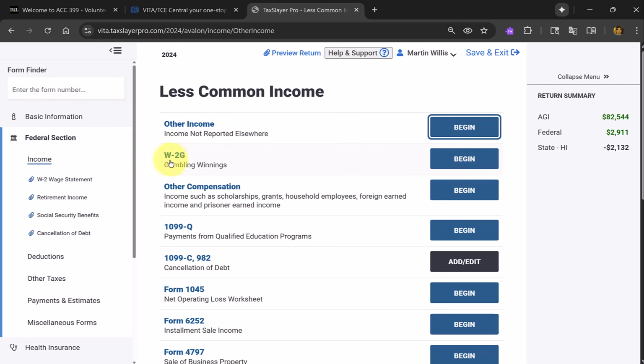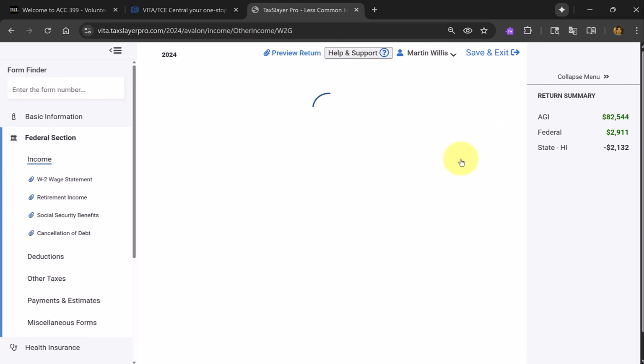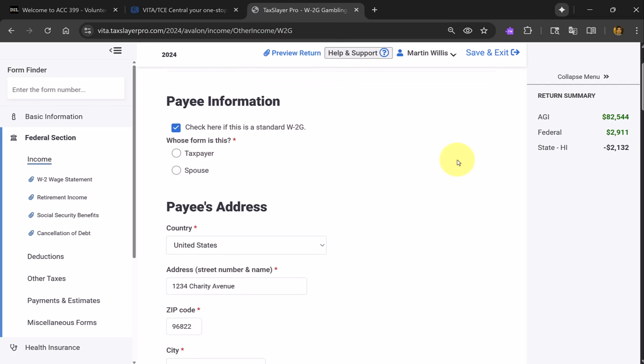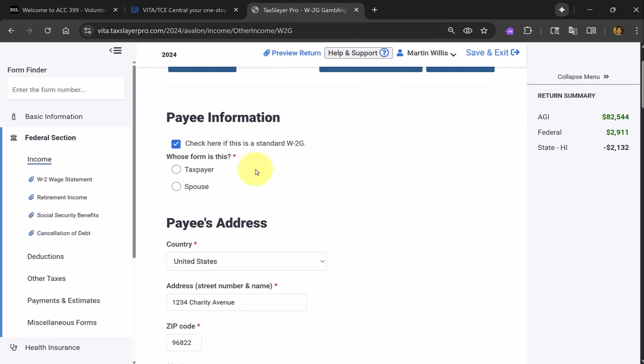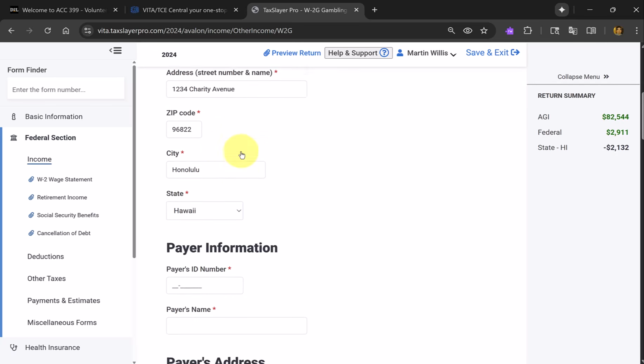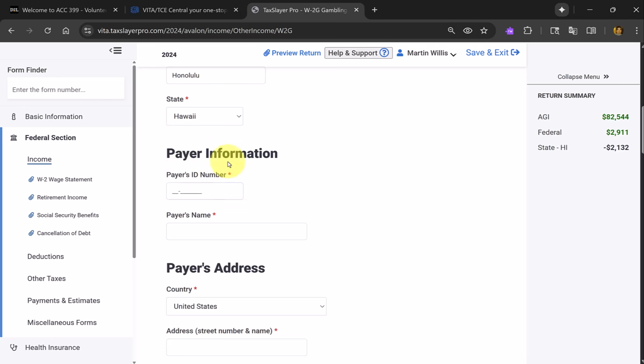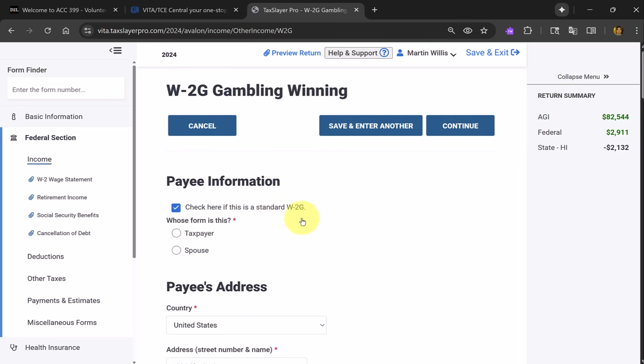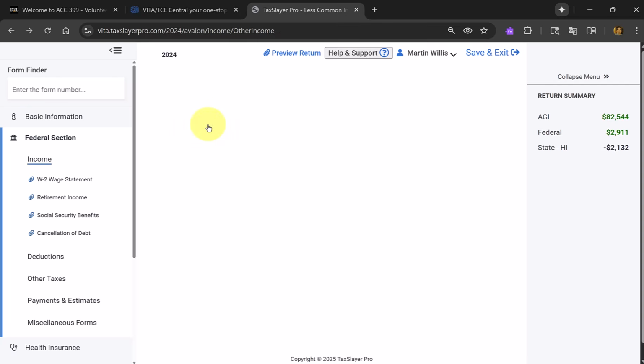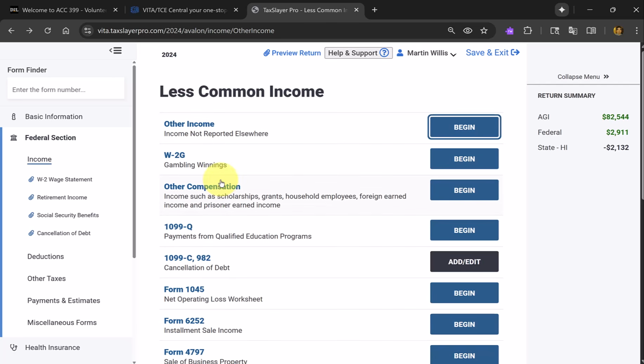I don't have a W2G form like from a casino, but let's go here anyway and see if there's something I can enter. No, it's asking for the name of the person that paid it, and we're not given that information. So let me go back a step, cancel this. Other income not reported elsewhere. Let's try that.